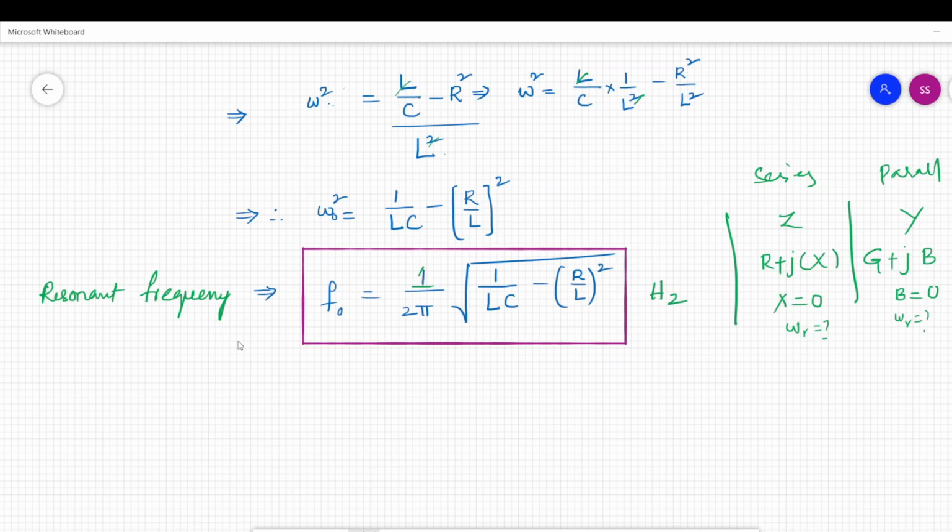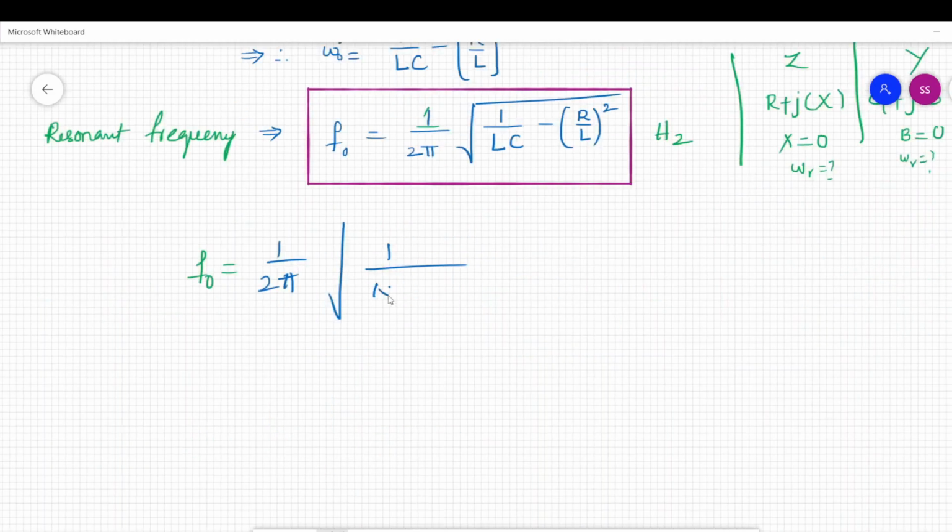Now let us substitute the values here. Resonant frequency equals 1 by 2 pi times the square root of 1 by LC minus (R by L) whole square. L is 1 millihenry, that is 1 into 10 power minus 3, C is 10 microfarad, that is 10 into 10 power minus 6, and R is 2.